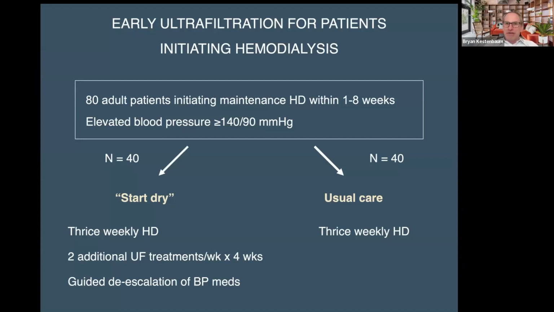They're going to be purely ultrafiltrative treatments, purely convective, just volume removal, and combined with pharmacy-assisted de-escalation according to a protocol of antihypertensive drugs. And this is compared to being randomized to just usual thrice weekly dialysis. And yes, it's a burden to get 2 additional treatments of ultrafiltration per week, but the idea is to start dry. And this package of ultrafiltration and med de-escalation occurs for just 4 weeks, and then it's stopped.